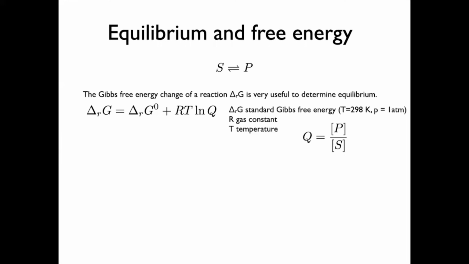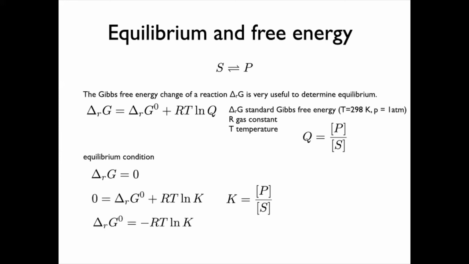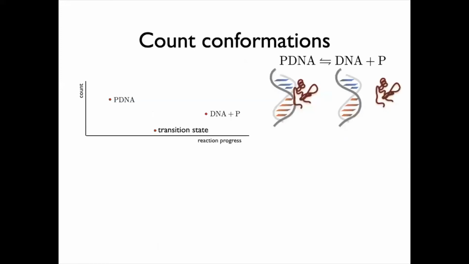This Gibbs free energy change is always with respect to some standard Gibbs free energy plus basically the ratio of products and reactants. Well, at equilibrium, this Gibbs free energy change is equal to 0, so that gives us a way to find this reference value, and also a way to find the actual value of the equilibrium constant.